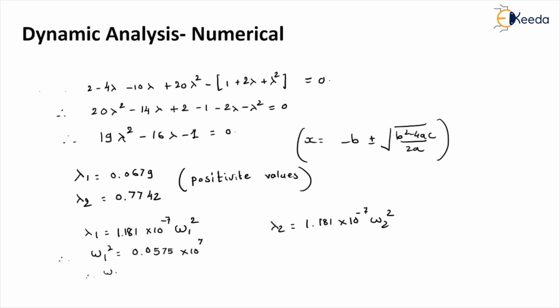So omega 1 we will get 57.5 10 raised to 4, and omega 2 square we have 0.6555 10 raised to minus 7. So omega 2 would be 2560. The unit of the frequency is radian per second.